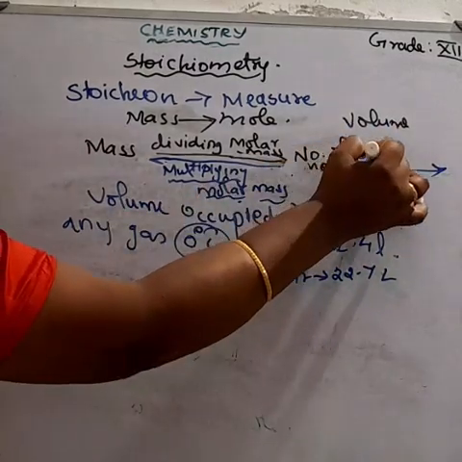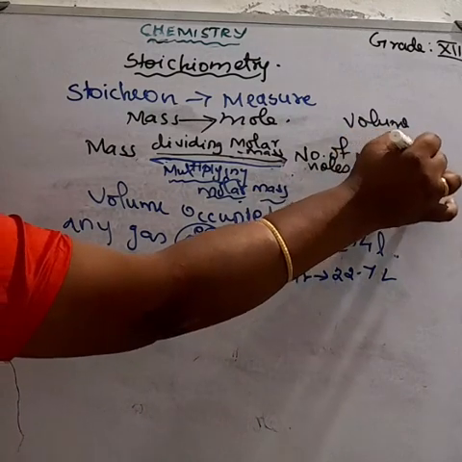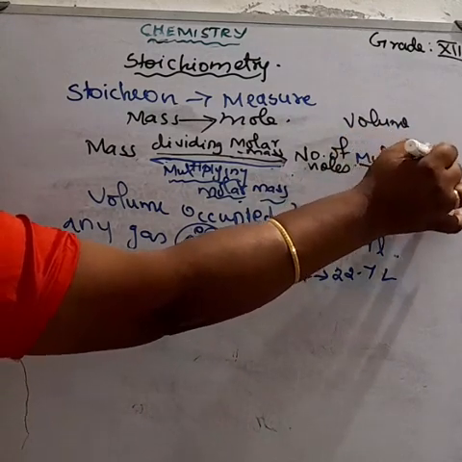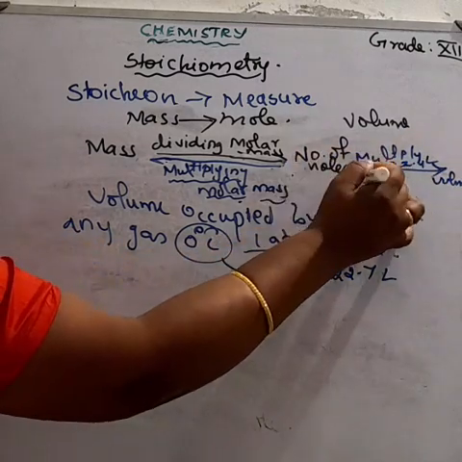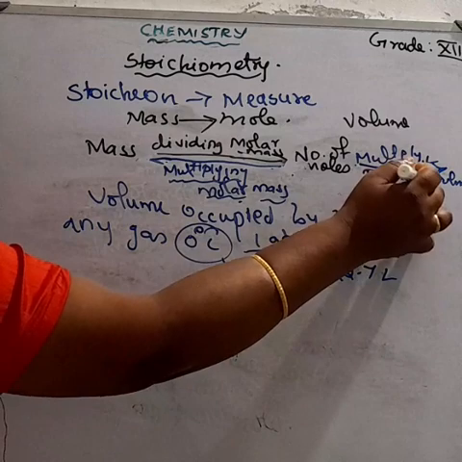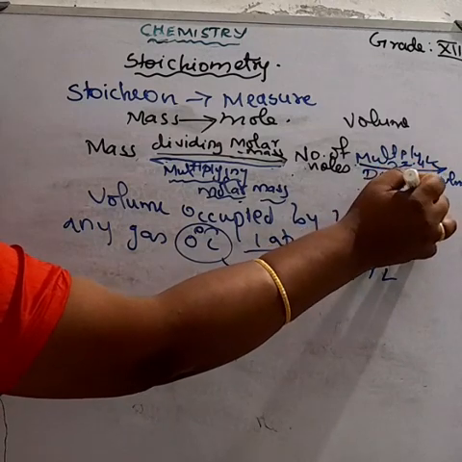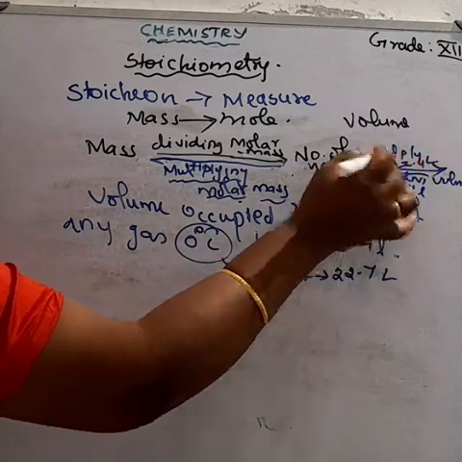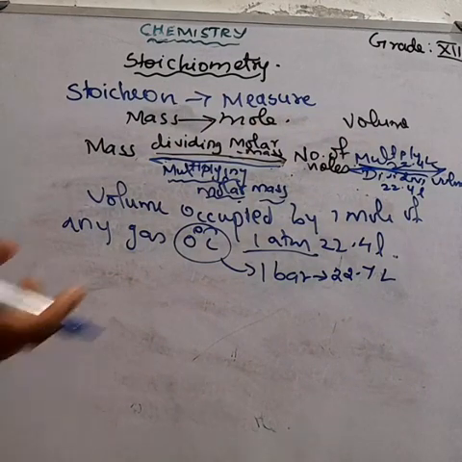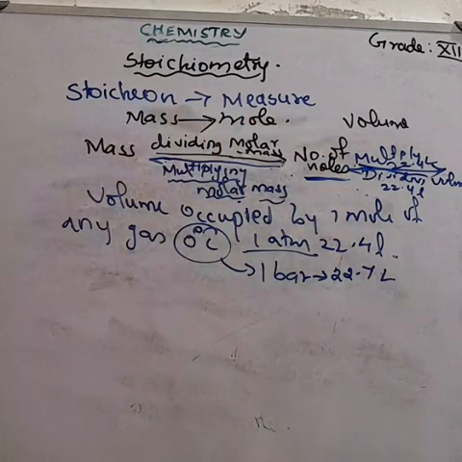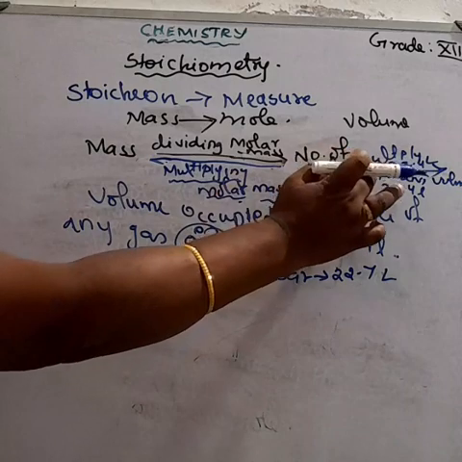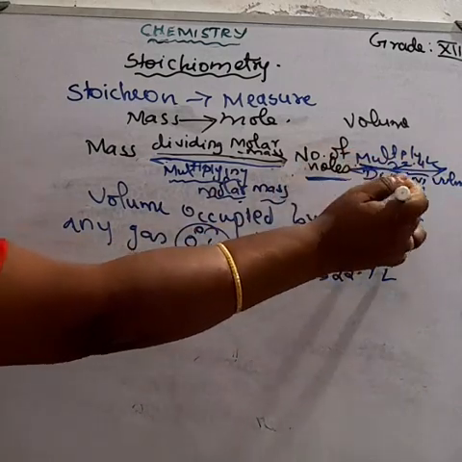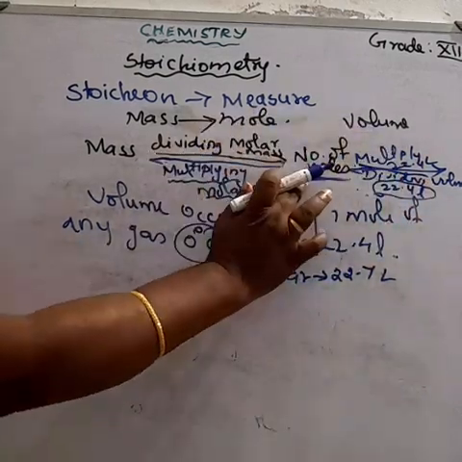Understood? Like that, the volume occupied by a given amount of gas we can convert into number of moles by dividing by 22.4 liter. When we divide the given volume by 22.4 liter, we get the number of moles.